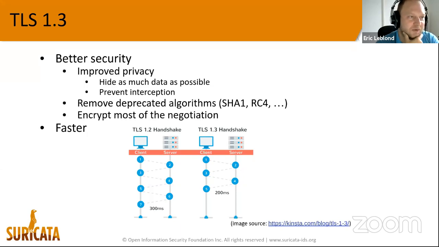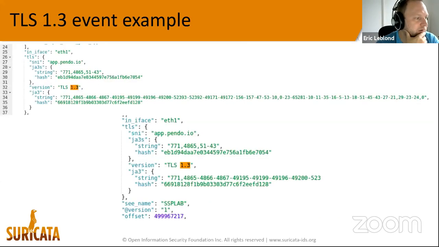So we don't see a lot of things that we were seeing before, like the subject issuer or DN, which are not available anymore, and we get far less information. But hopefully we still have JA3 and JA3S working. We still have the server name indication, which is still useful, so we can see which site we are connecting to. So we still have some information.